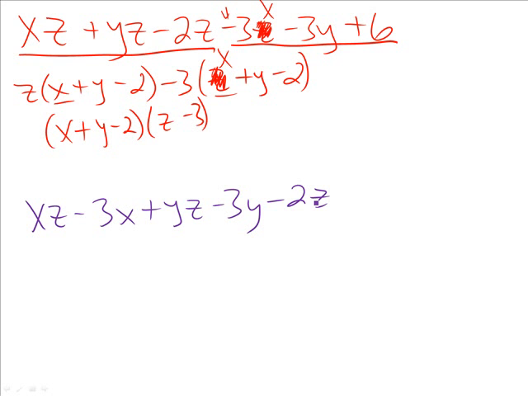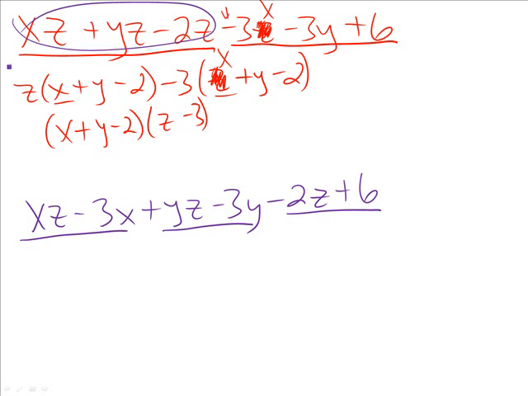You have to be aware that the 2 and the 6 go together. Then we can see, well, I have a group of 2 there, a group of 2 there, and a group of 2 there. It doesn't matter how many terms are in a group, and it doesn't matter how many groups you have, as long as every group has the same number of terms.